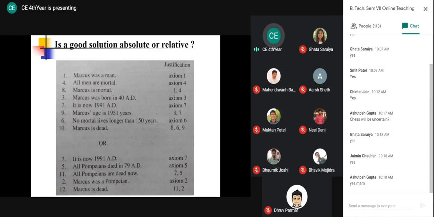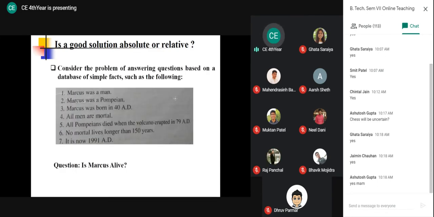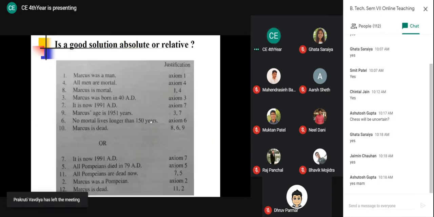Now another: axiom 3, that Marcus was born in 40 AD, and axiom 7, that it is now 1991 AD. From 3 and 7, Marcus was born in 40 AD and it is now 1991, so the new result we get is that Marcus's age is 1951.